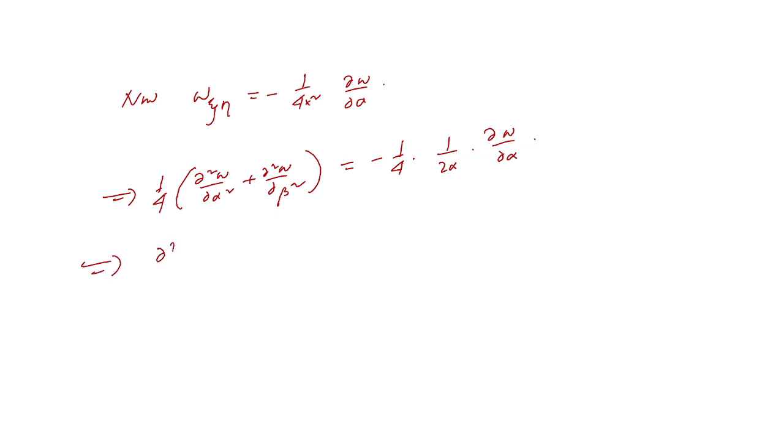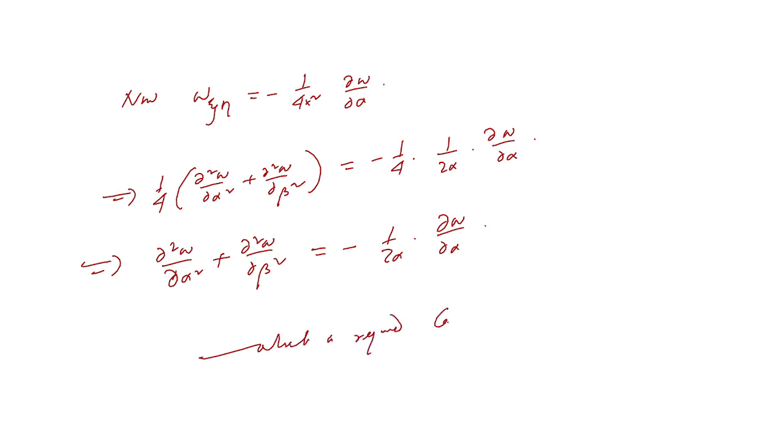From that we can write ∂²ω/∂α² + ∂²ω/∂β² = -1/(2α) ∂ω/∂α. So this is the required canonical form. This is our answer.